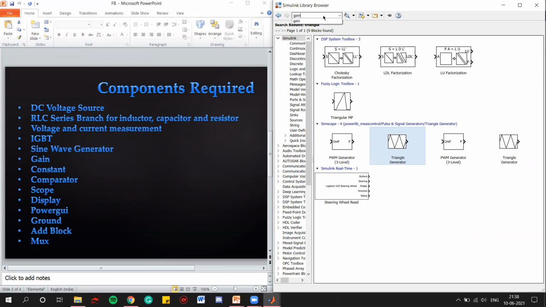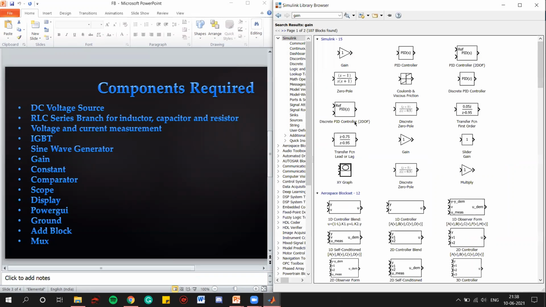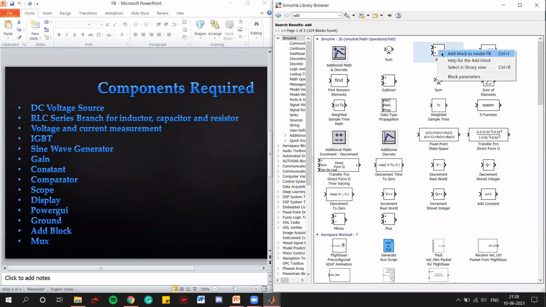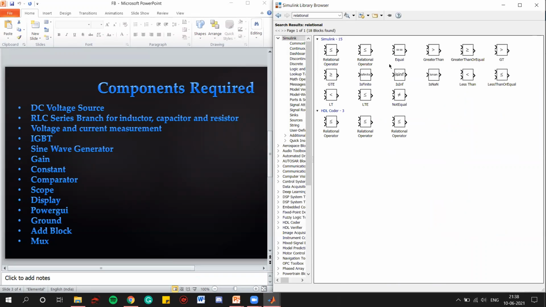Then gain. Add block. Relational operator for comparison or a comparator. Logic gate.